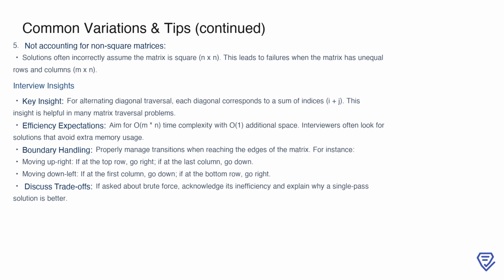Proper boundary handling is also key when moving up-right. Transitioning at the top row means moving right, while hitting the last column means moving down. Similarly, for down-left movement, you go down if you're at the first column and right if you're at the bottom row. Lastly, if you're asked to discuss brute force approaches, acknowledge their inefficiency and highlight why the single-pass solution is superior.